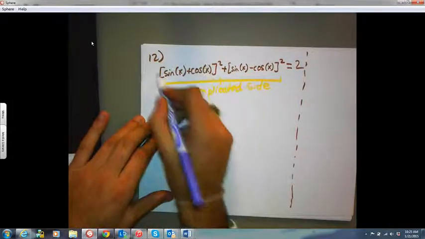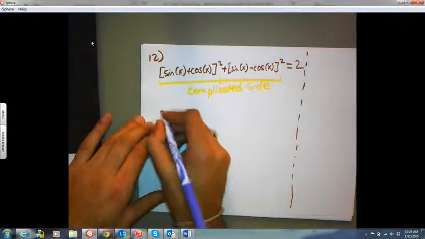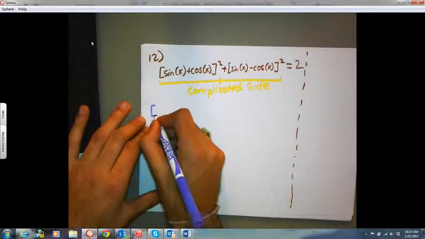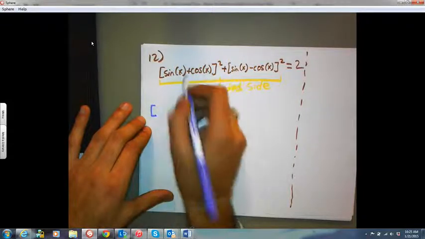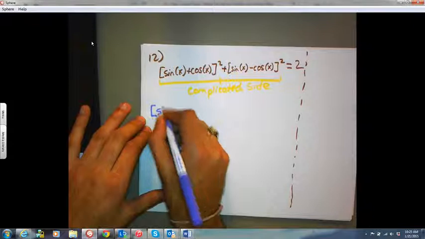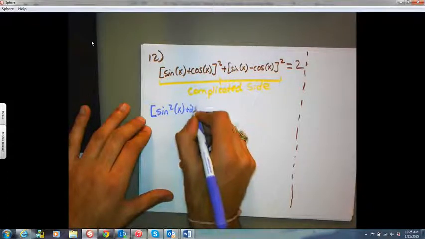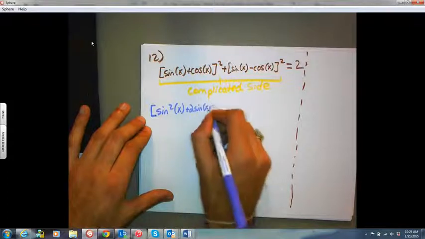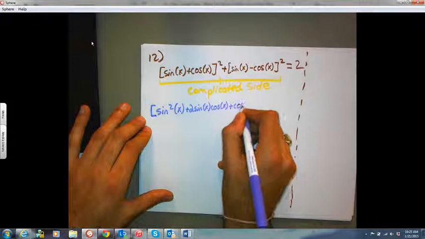So using the box on this, what do I get? Sine squared x plus 2 sine x cosine of x plus, and again, if you're not sure how to get this, you need to ask me. I'm assuming people know how to do the box.